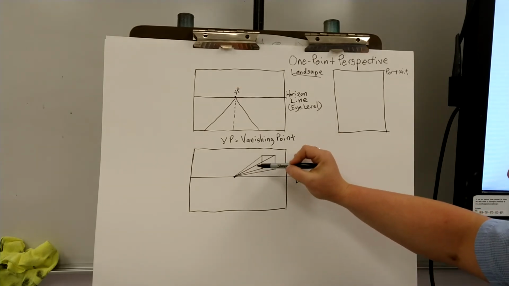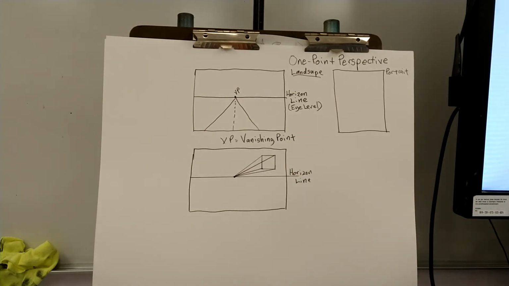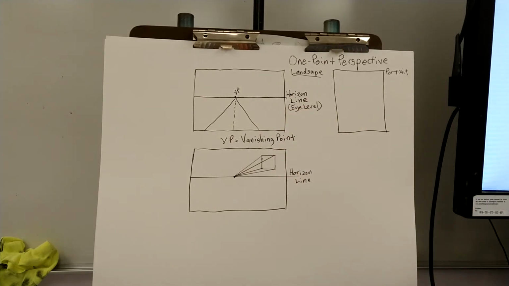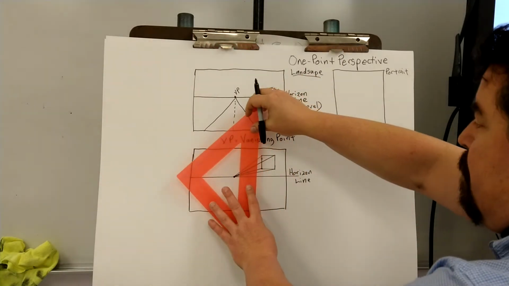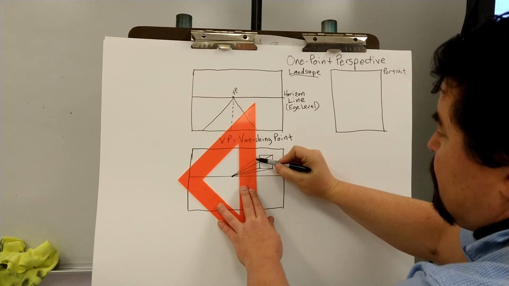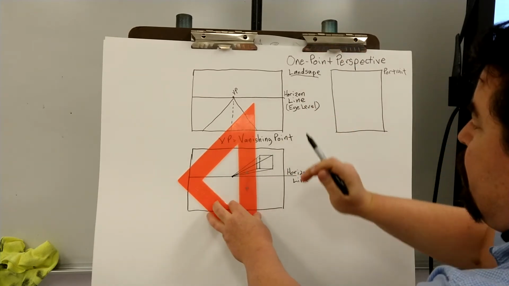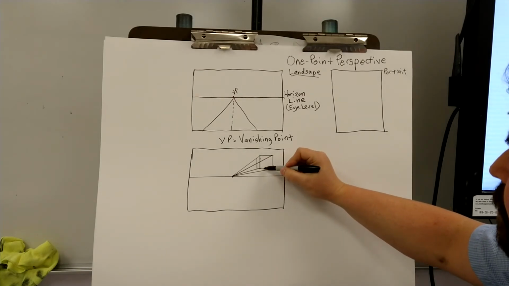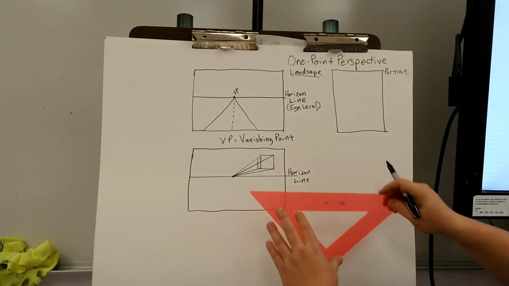So we actually want to stop this cube from going all the way to the vanishing point. So what we need to do is parallel lines to the sides of the square. Parallel lines meaning that these lines, if they're drawn forever, will never meet. I want to do that to the side, and then I also want to do one here at the bottom.